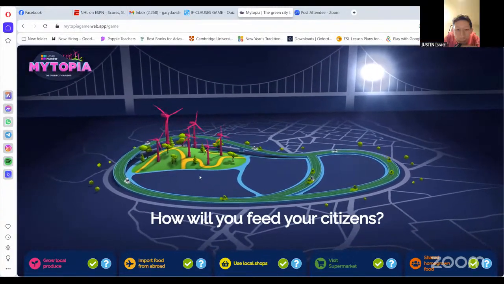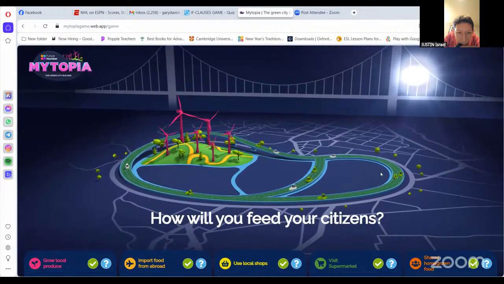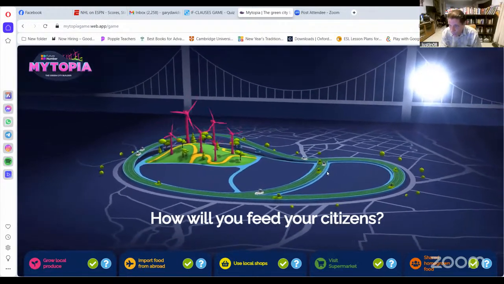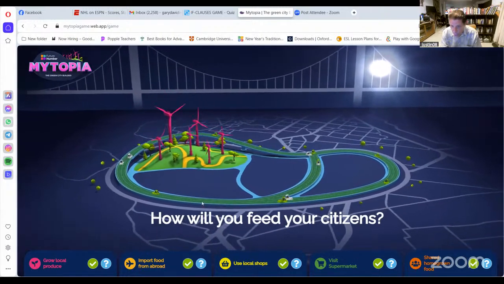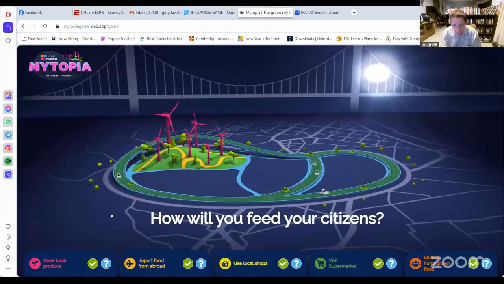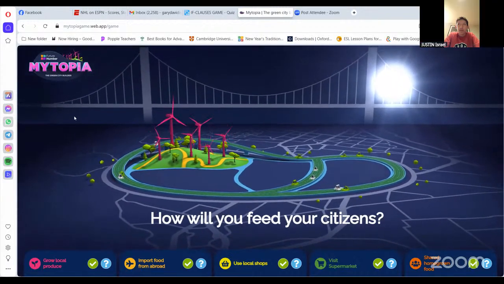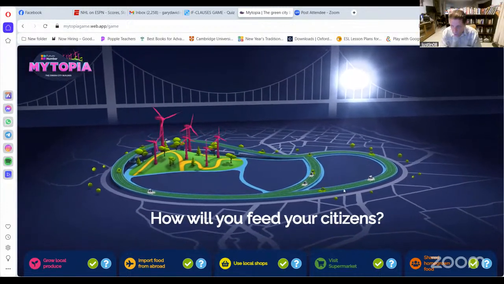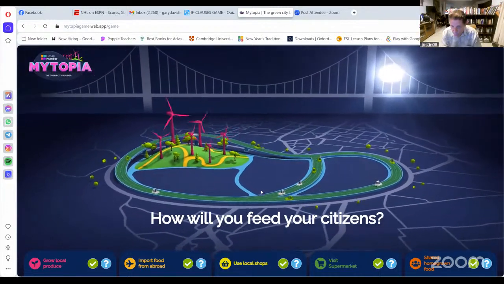And if we do that, what will we need to build? So in order for these cars to get the electricity that they need, what will we need to build? Yeah, so we'll need to build some sort of infrastructure.